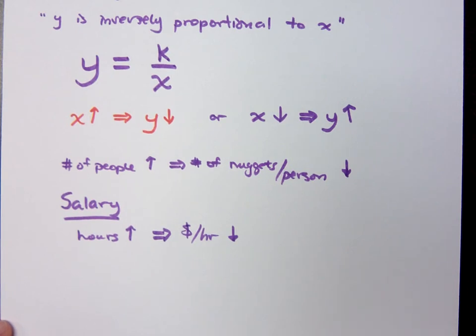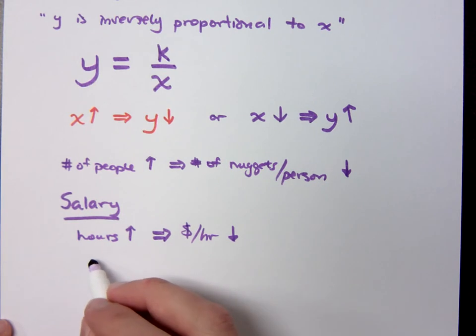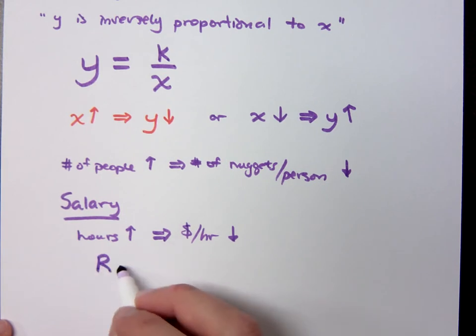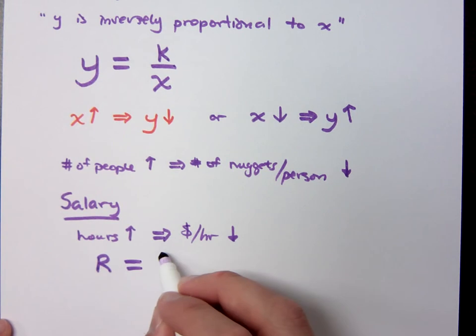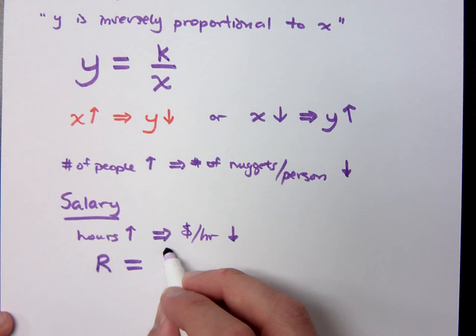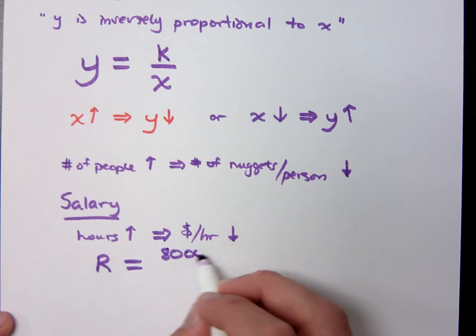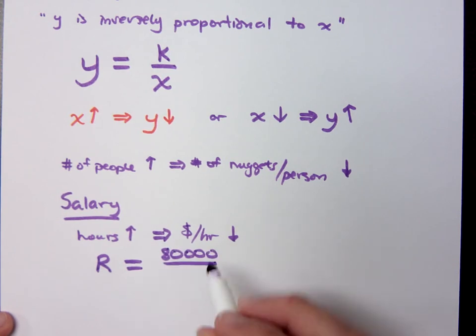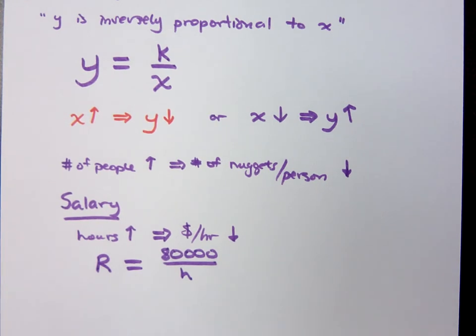Correct. Now, it could be something like this. Your hourly rate, we'll just call that R, is going to be your salary, whatever that is. Let's say your salary is $80,000, divided by, let's say, the total number of hours that you work. Okay, this would have to be for a whole year, right? So as I increase the number of hours, my rate of earnings per hour is going to go down.